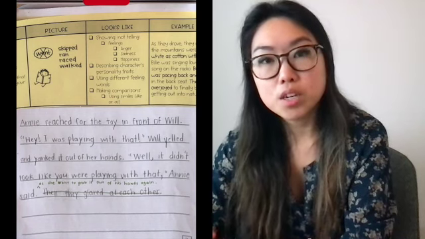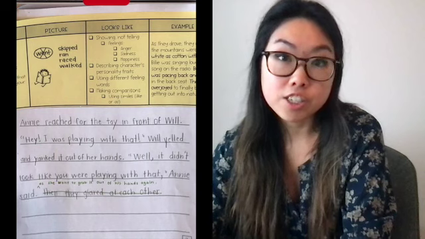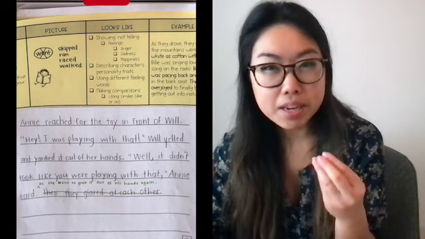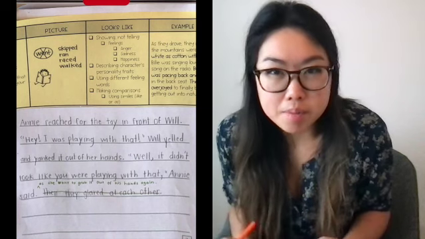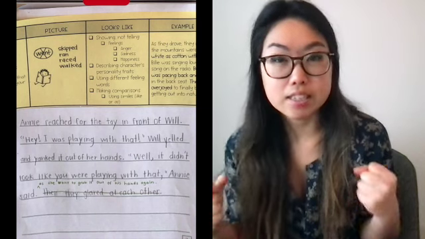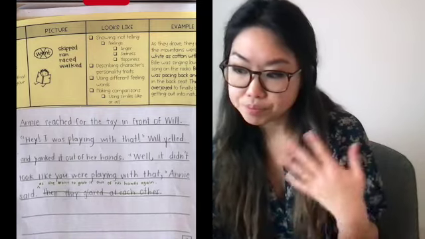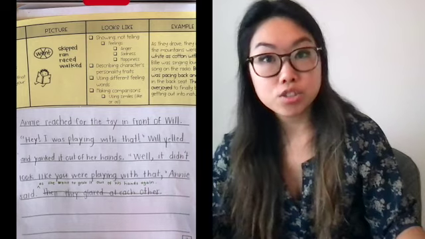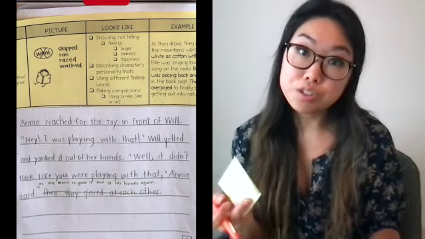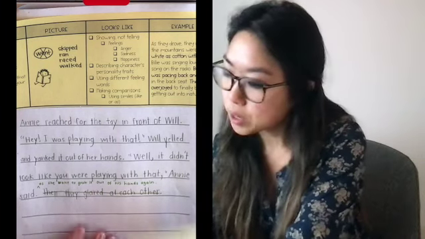And so I want to think, what are some things that a person might do if they're frustrated or mad? Their face might get red, their hands might be clenched, their body might be really rigid and tight. And so I'm just thinking through, what are some ways that I can add that into my writing? Again, if you want to try it out on a sticky note, you can do that and then change it in your final writing.